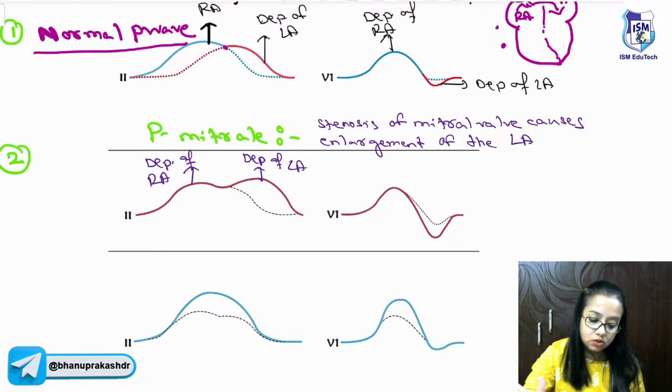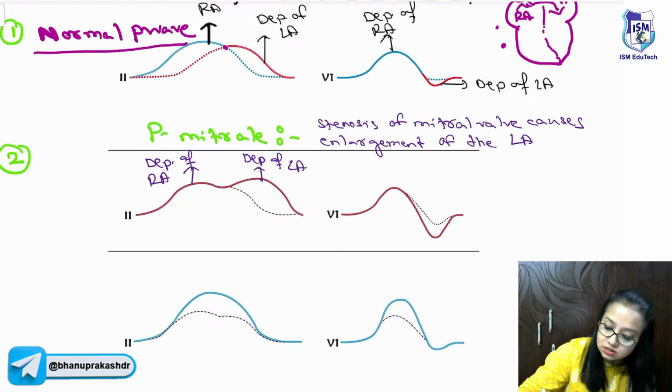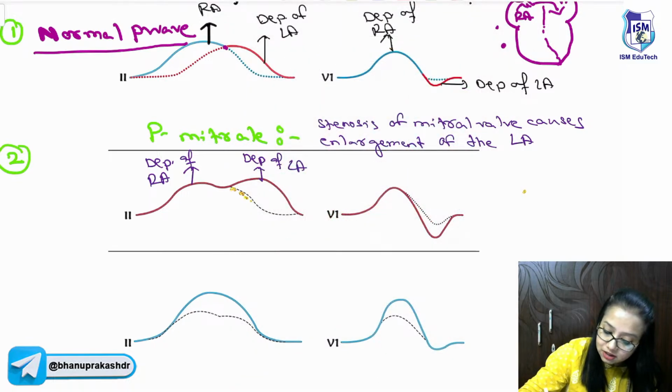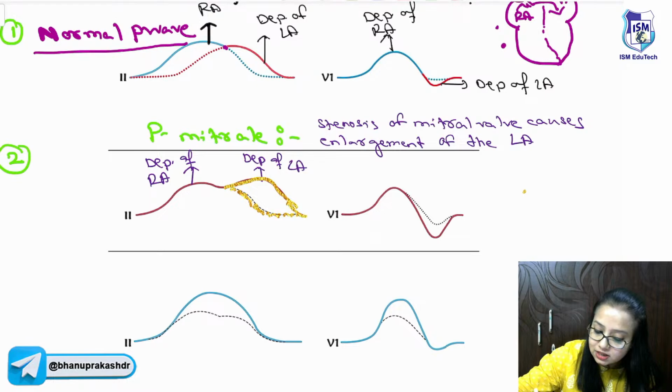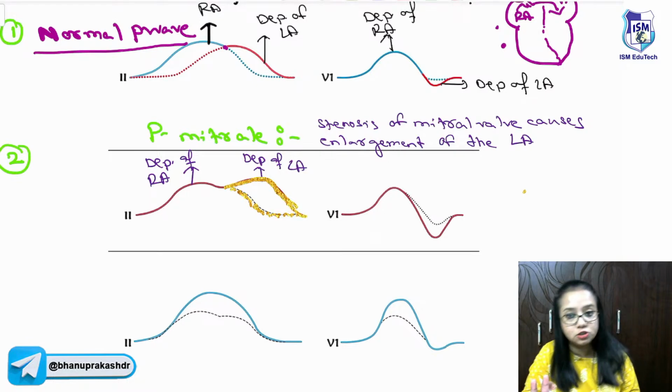It becomes more enlarged, like a bigger hump. On the precordial lead, the dotted line means the normal one, what it should be. Instead, there has been a larger hump of the left atrium wave in P mitrale.